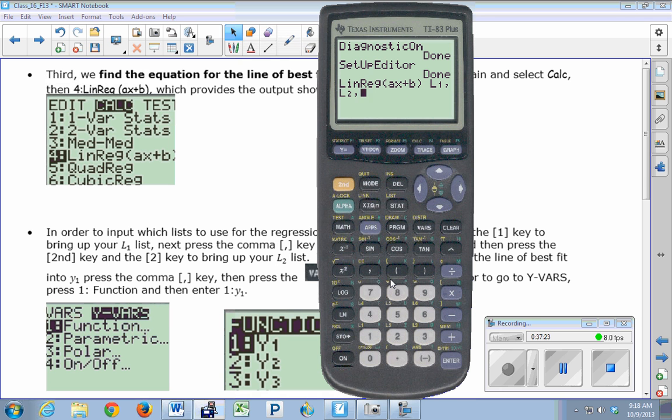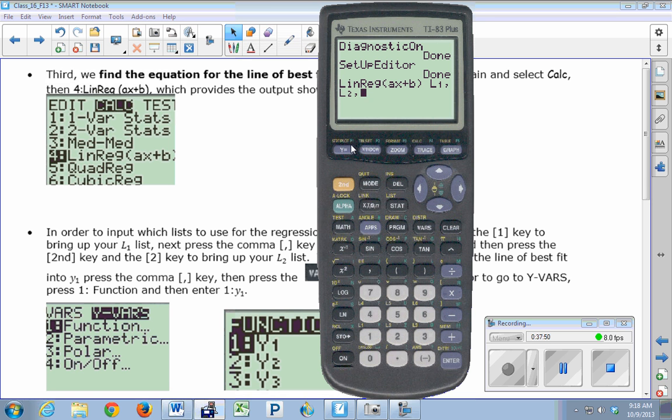Now, why do we put a comma again? Because you want your linear regression line to show up on your graph. And in order for that to show up, it has to be put into Y1, because that's how you graph stuff. You go to your Y equals button and you put equations in there. So when you tell the calculator it's going to do all this calculation and give you this information, you say, I want you to put that information in Y1 so I can get a graph.